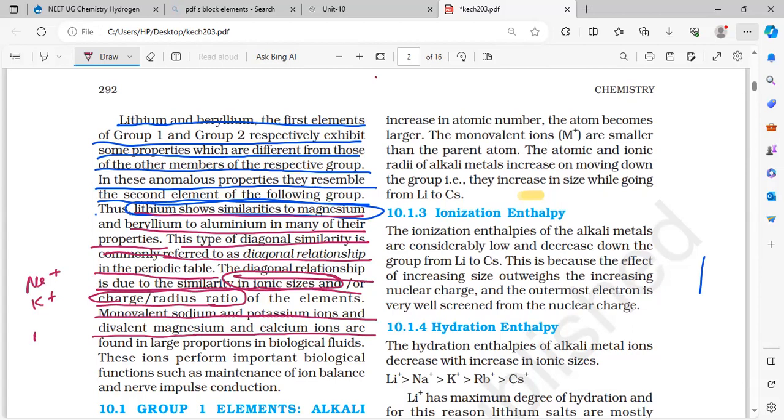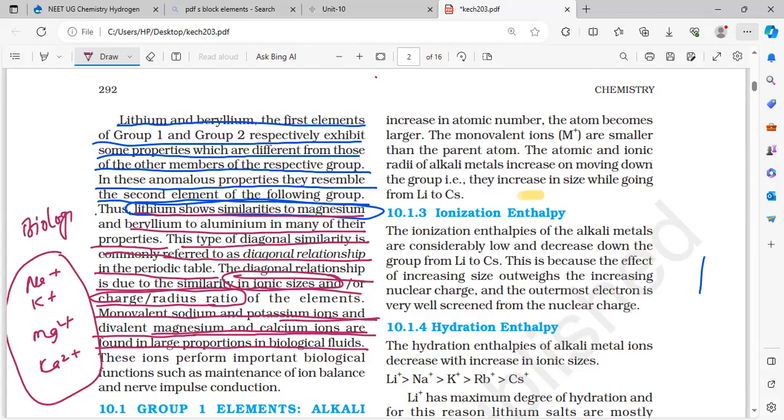Magnesium and calcium are divalent, two charges. Divalent magnesium and calcium ions are found in large proportion in biological fluid.